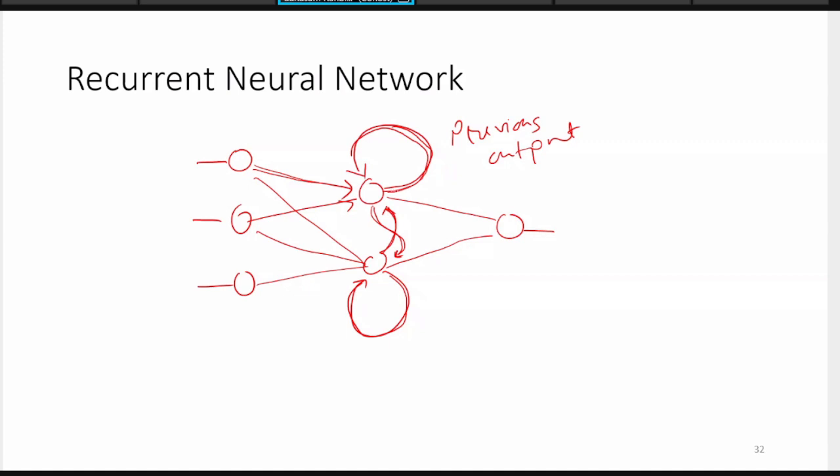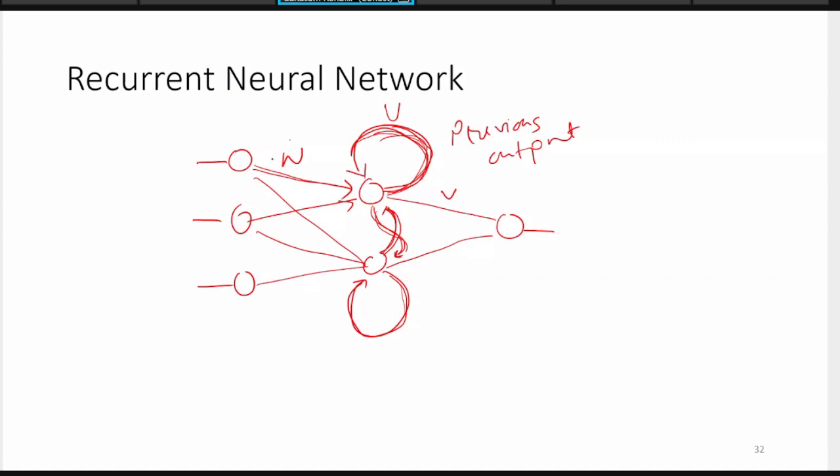If you do not have this self loop, your parameters are only W and V. Now you're going to have another matrix U. U represents the weight in this self loop, or the weight in this feedback. V will correspond to this connection, and so on.